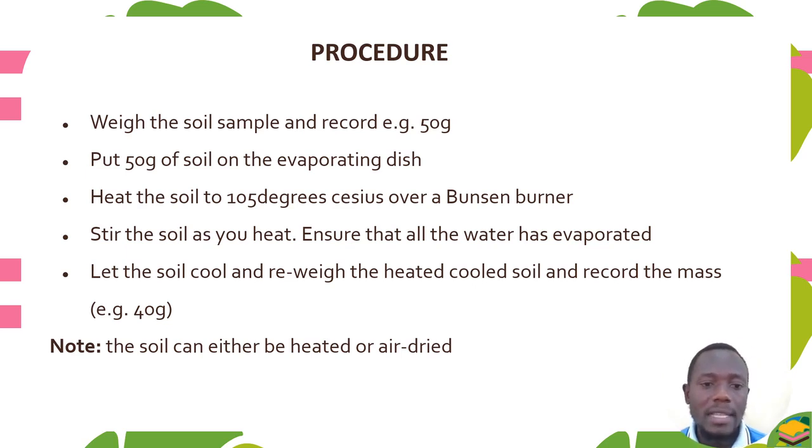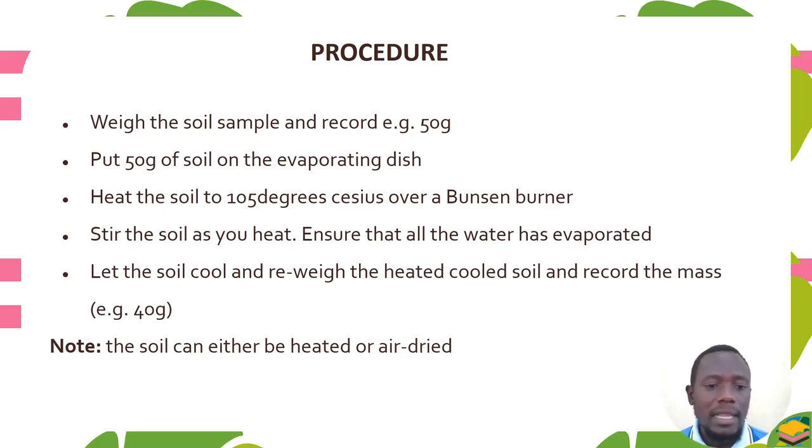Then you have to heat the soil to 105 degrees Celsius. You have to stir the soil as you are heating. The moment you are heating the soil, make sure that you are stirring it. Ensure that all the water has evaporated.